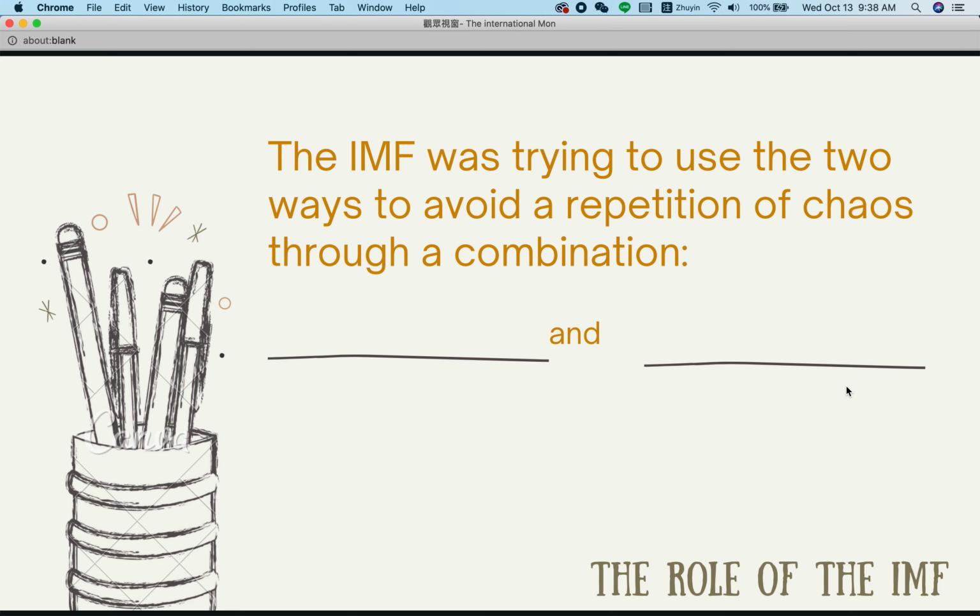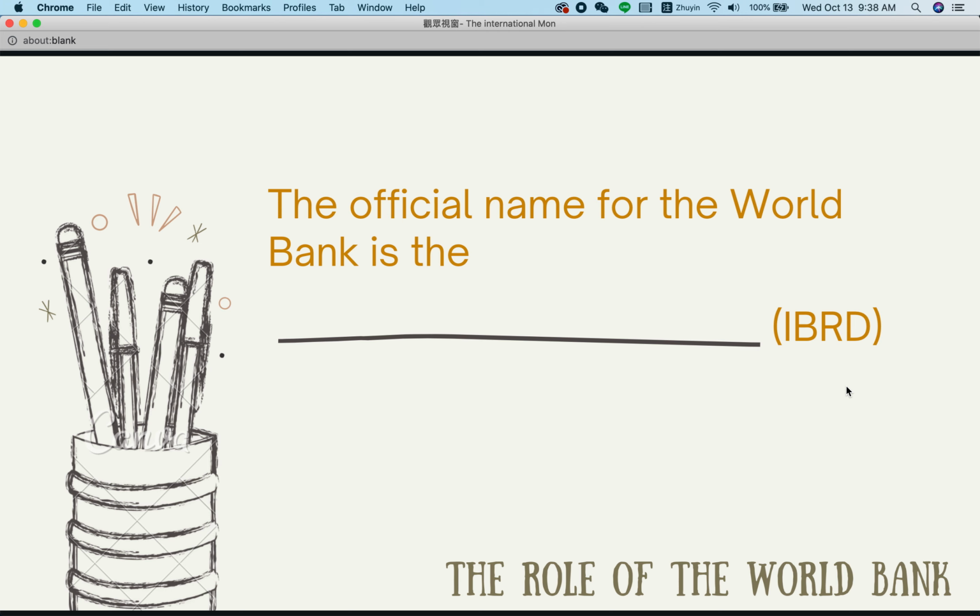The official name for the World Bank is the International Bank for Reconstruction and Development. The bank's original mission was to help finance the rebuilding of Europe's economy by providing low-interest loans.